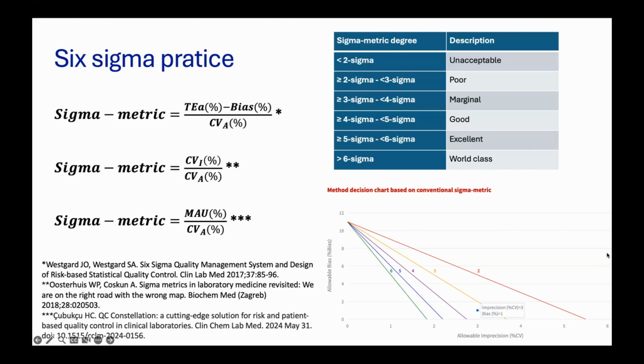The sigma metric of the measurement procedure is then positioned on the chart as a point with colored diagonal lines representing sigma thresholds. In addition to evaluating analytical performance, the sigma metric is used in risk-based quality control practices to determine internal QC rules and QC frequency.